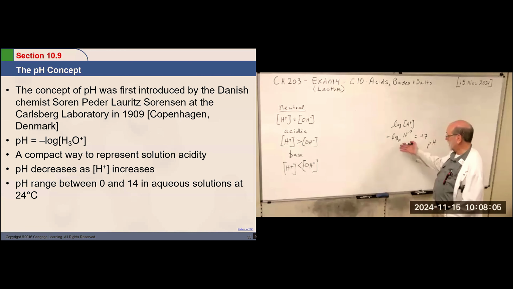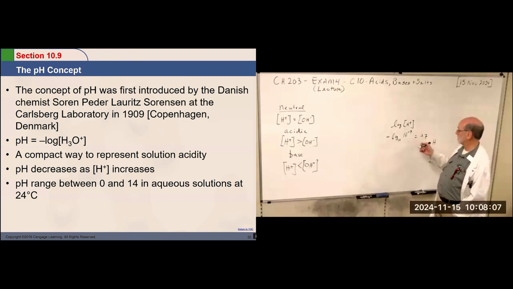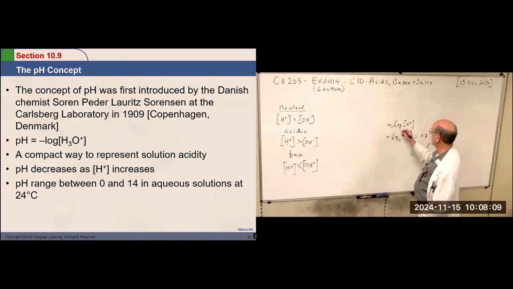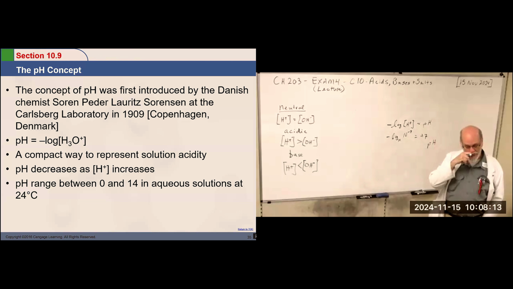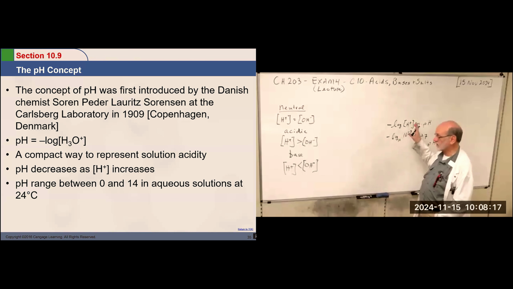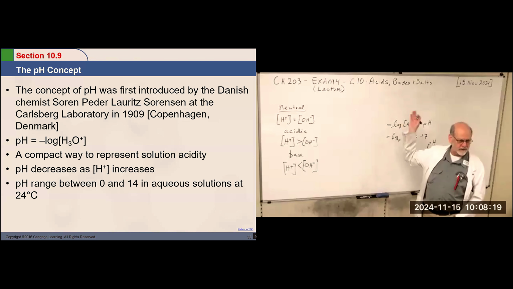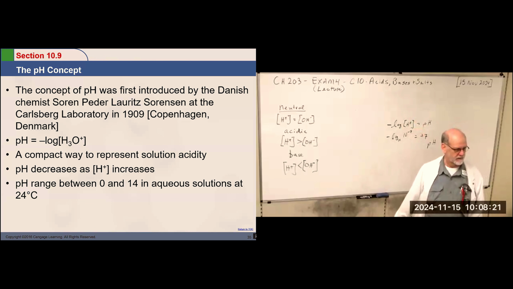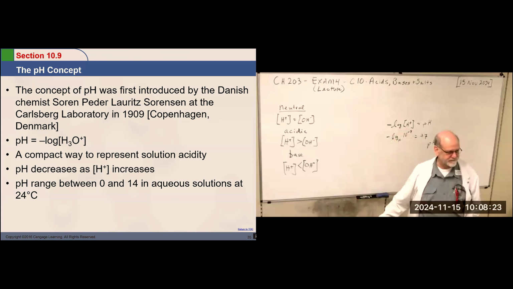But it's just a mathematical expression, right? Negative log equals pH. So you can do the negative log of anything. In this case, it's a negative log of the hydrogen ion concentration, but you can do the negative log of anything and call it P something if we use that naming convention.